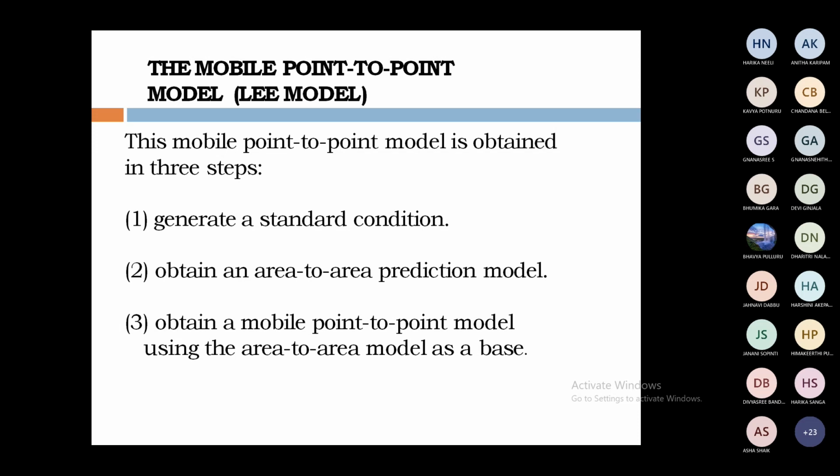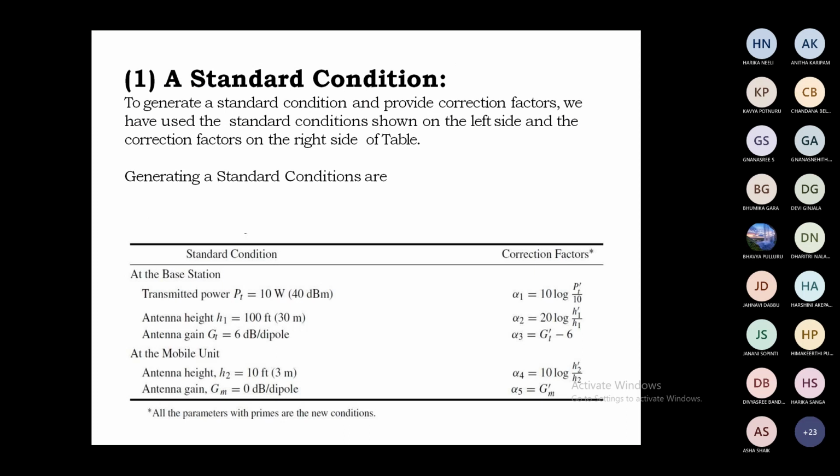First of all we go for the area to area prediction model, and based upon that area to area prediction model only, we go for the point-to-point model finally. Right. Let's move to the first step.